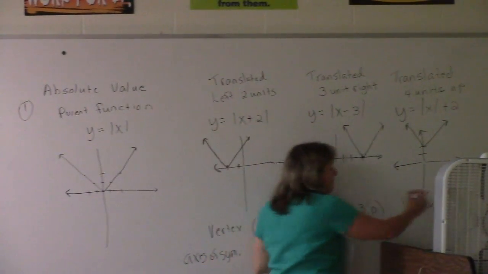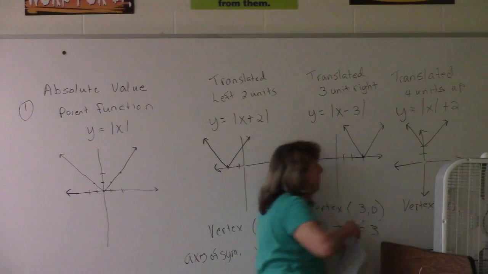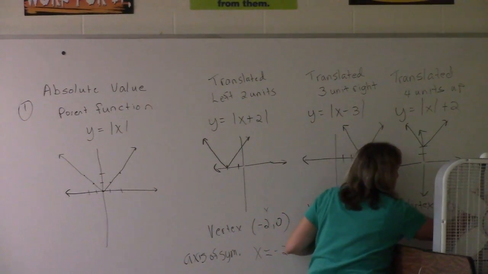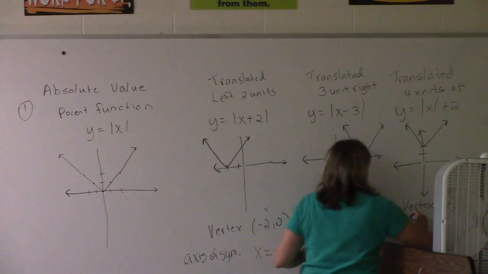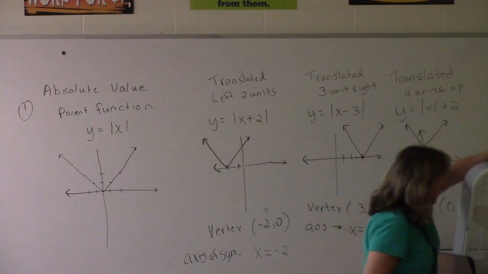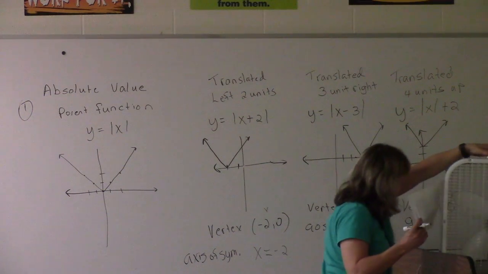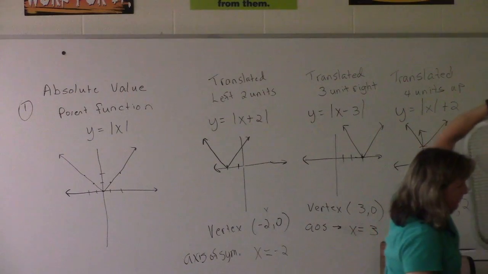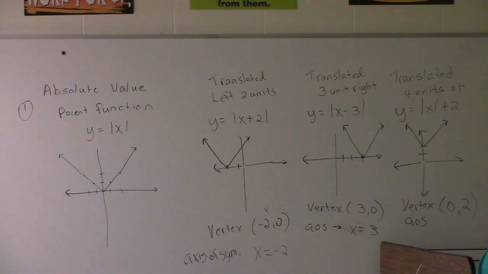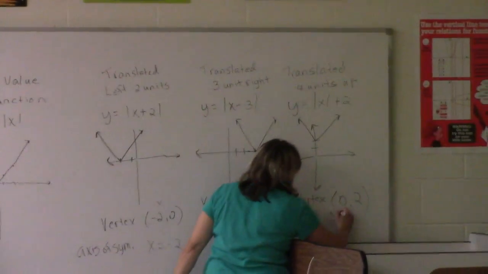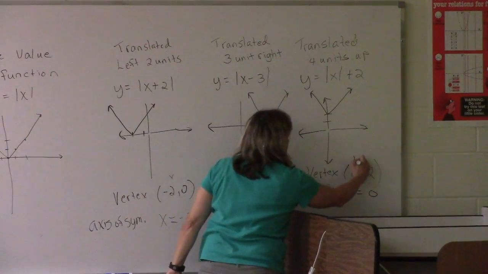No, so that's going to be 0. And then I went up 1, 2, so its vertex is 0, 2. And my axis of symmetry is the x value, x equals 0.